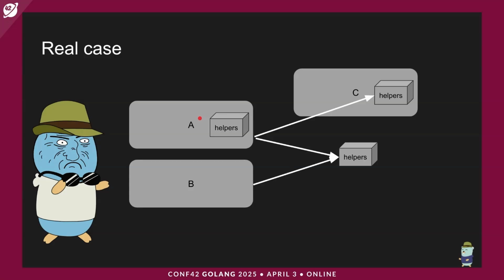So our DRY principle just failed, drastically failed. And I want to emphasize this is a real case. This is a real case I have seen in codebases a couple of times, which made me very sad.